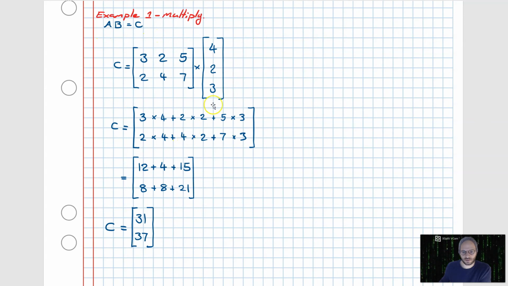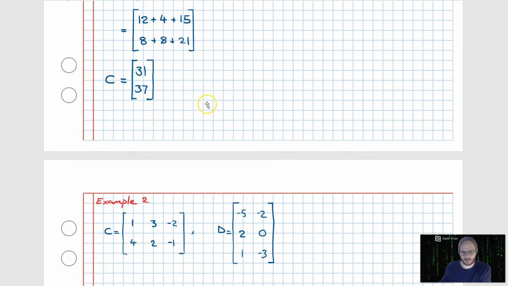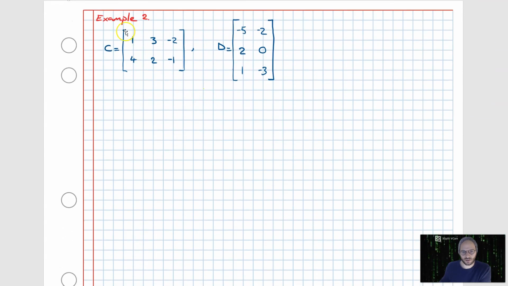Let's go down for something a little bit more complicated. Let's go for example 2. The multiplication of C and D. C being a 2 by 3, and D being a 3 by 2. Now checking the orders here, we have a 2 by 3, and for D we have a 3 by 2.